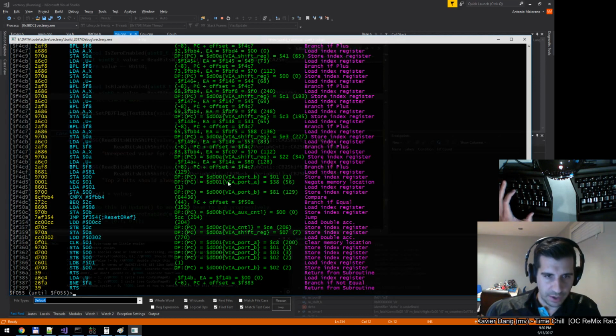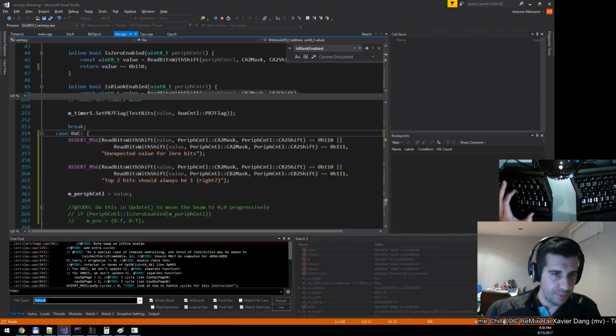Is that something that got written to here? Reset 0 ref. There. See, the very first thing here is store the value in B to the control register here. And the value in B is here, A and B, so CC. So C and C would be written there.